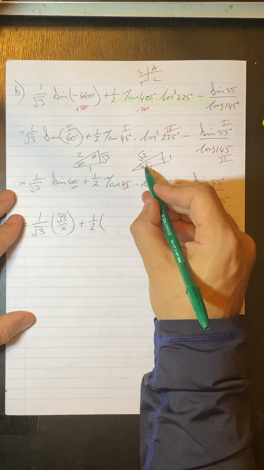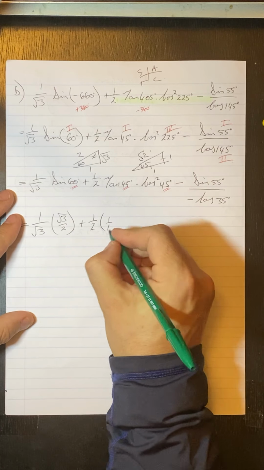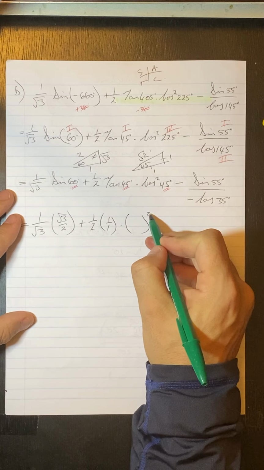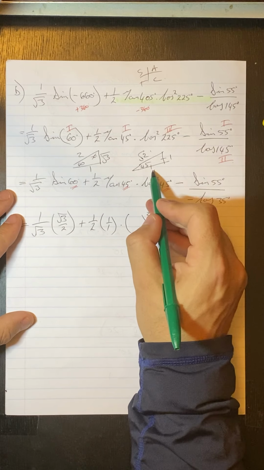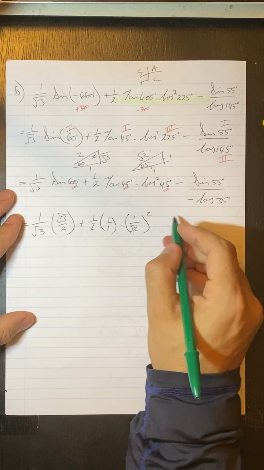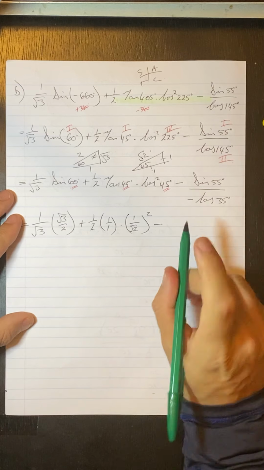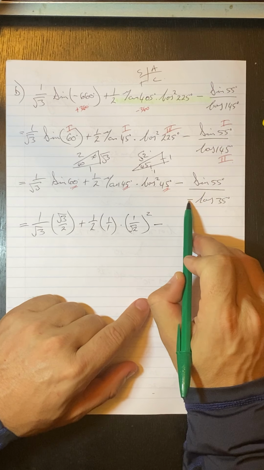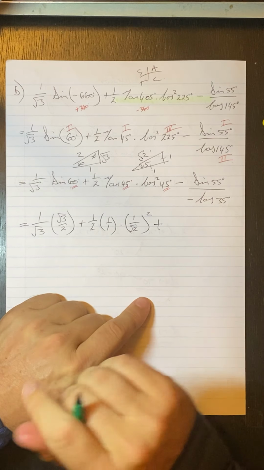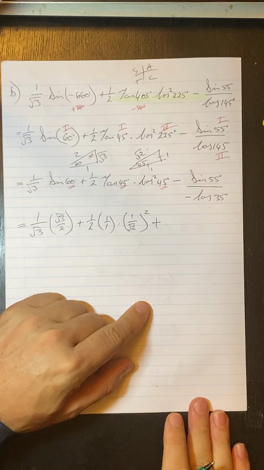Tan 45 is opposite over adjacent, so it's 1 over 1, times. Now, whatever this is must be squared, so cos of 45, adjacent over hypotenuse, is 1 over root 2, minus. Okay, so here I've got a positive divided by a negative, which gives me a negative, times a negative gives me the positive.